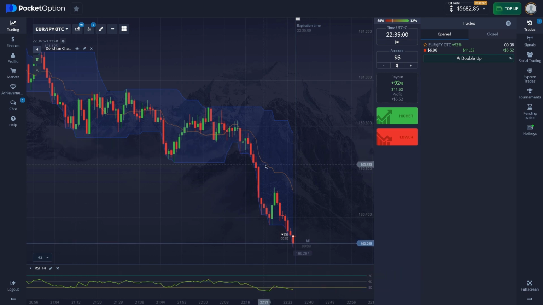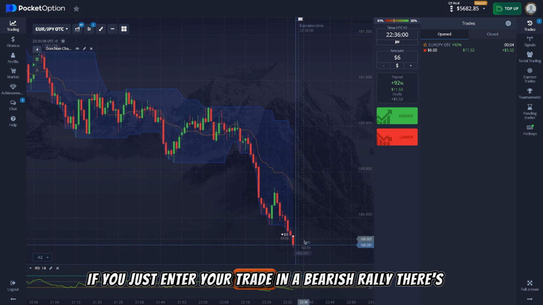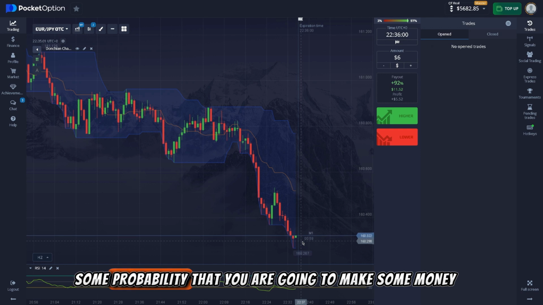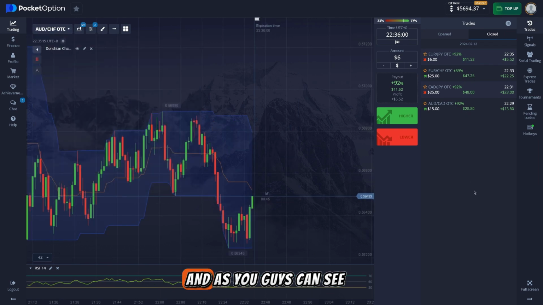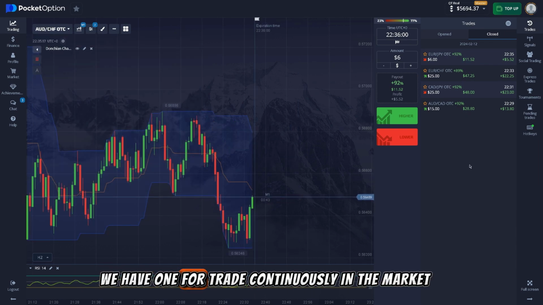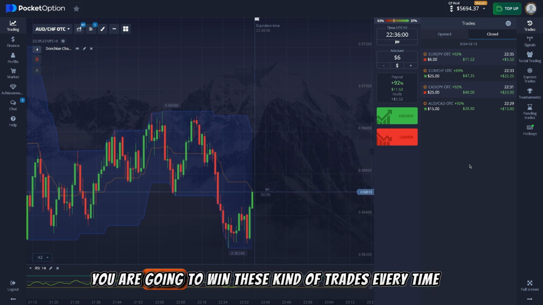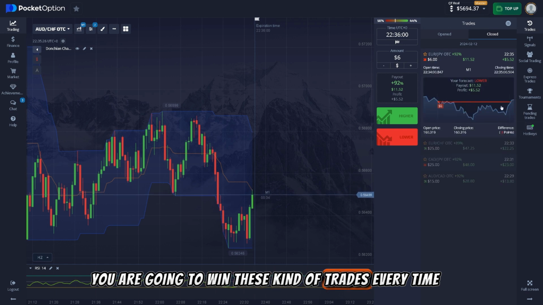Here's a bearish rally. So if you just enter your trade in a bearish rally, there's some probability that you are going to make some money, and that's what we did. And as you guys can see, we have won 4 trades continuously in the market. And I'm not saying that you are going to win these kind of trades every time.